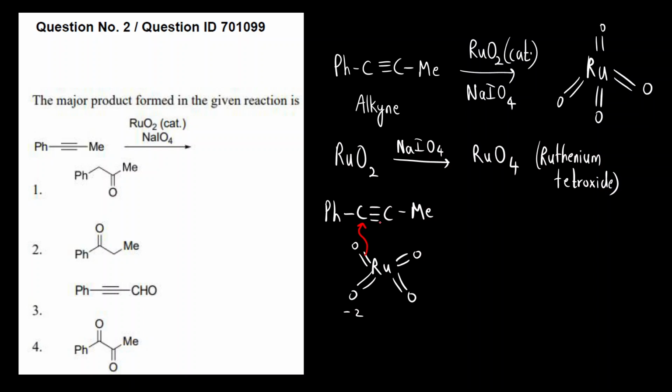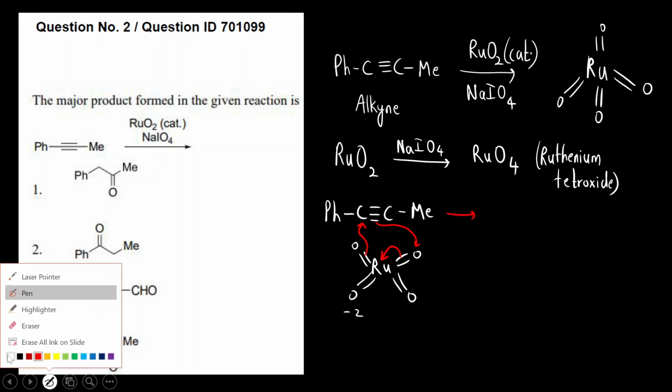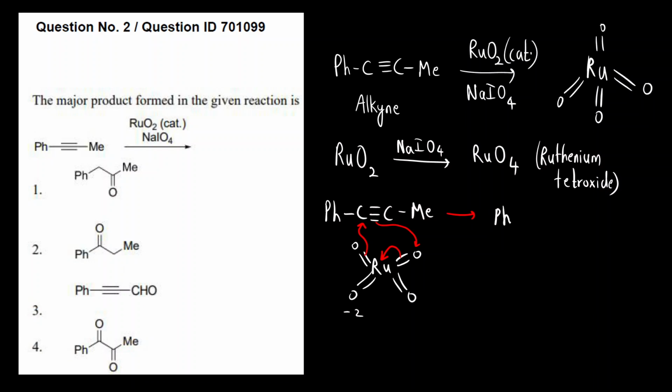This will attack here, and this will attack this oxygen, and the pi electrons will be donated to the ruthenium atom. So now what we will get is Ph, the triple bond will now become a single bond, Me.